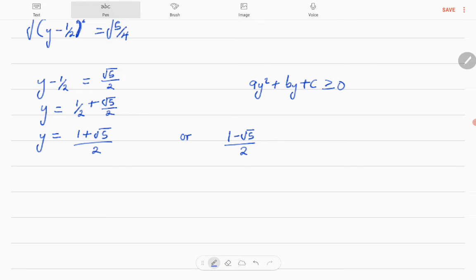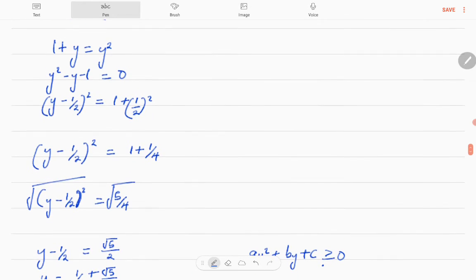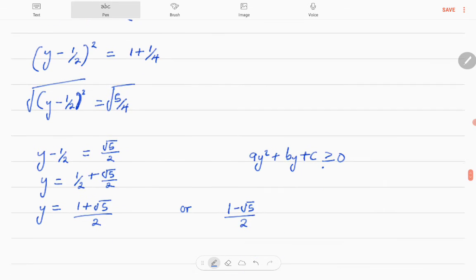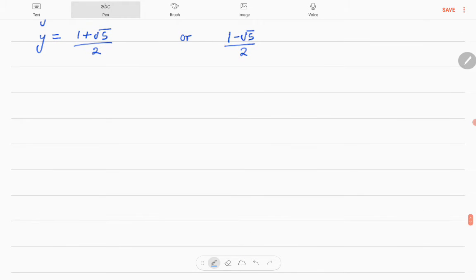And when you look at these two roots, the only root that can satisfy this is 1 plus root 5 divided by 2. So we are going to be making use of this. Remember, we said let y be equals to 5 divided by 3 enclosed in brackets to the power of x. So I'm going to bring it down here.